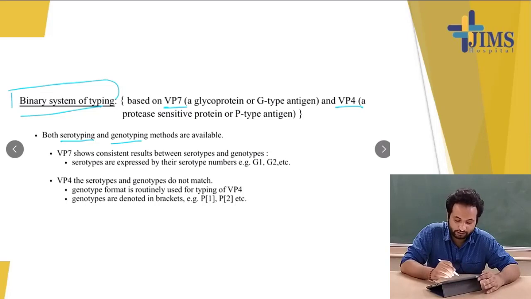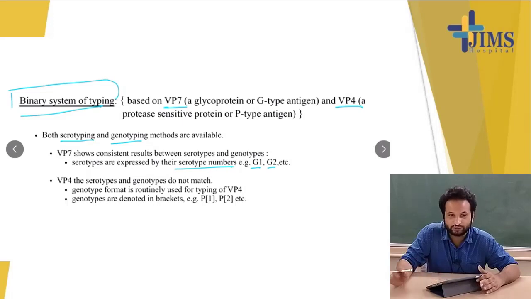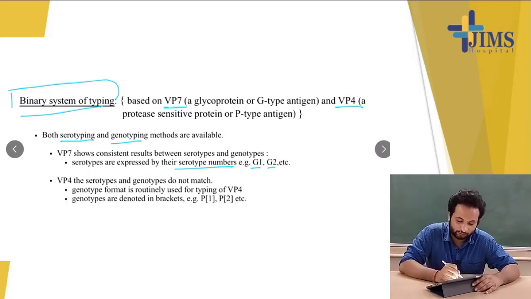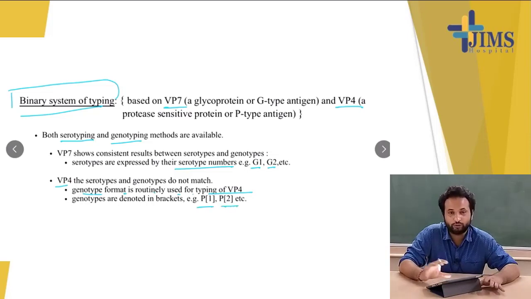Based on VP7, it is divided into serotypes like G1, G2, G3, etc. For VP4, the genotype format is routinely used for typing, and that is denoted with brackets, so as you can see, P[1], P[2], where the numbers are in brackets.